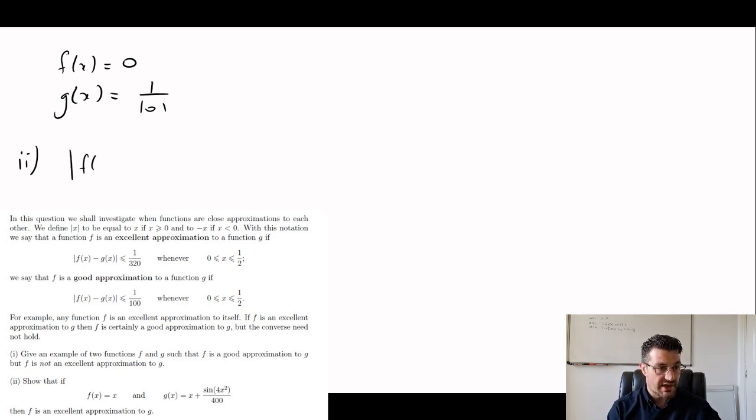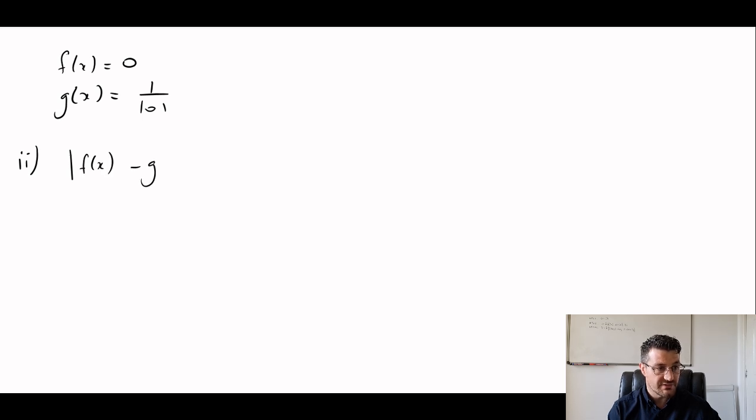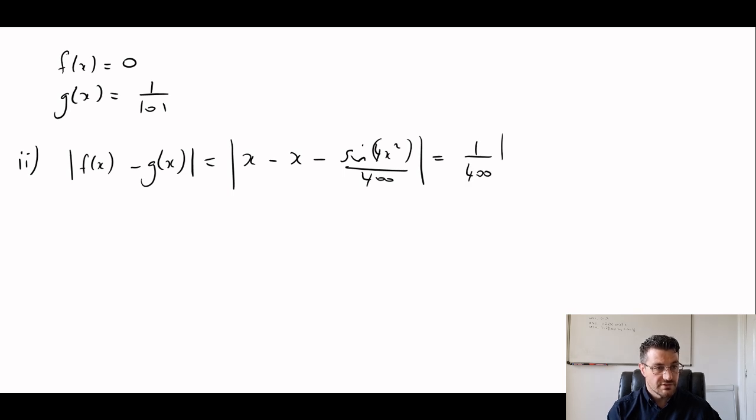So modulus of f of x minus g of x is equal to the modulus of x minus, sorry, x minus (x plus sine 4x squared over 400), which equals 1 over 400 times the modulus of sine 4x squared.